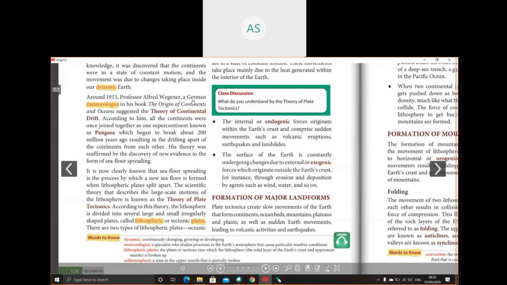Meaning, after 200 or 250 million years ago, by drifting apart, the continents from each other, as we can see them now.